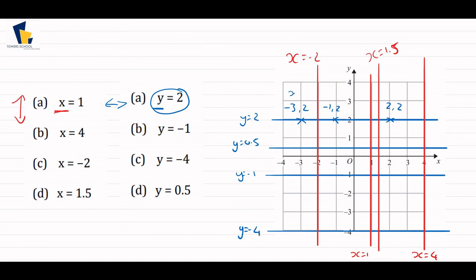It's called y equals 2 because no matter where I am on the line, the y value is always 2. Okay, it's the same on any of the other ones as well. The x value on this one here would always be 4.